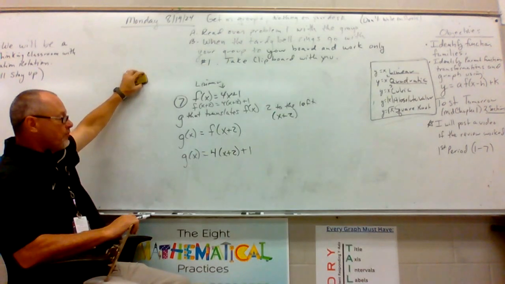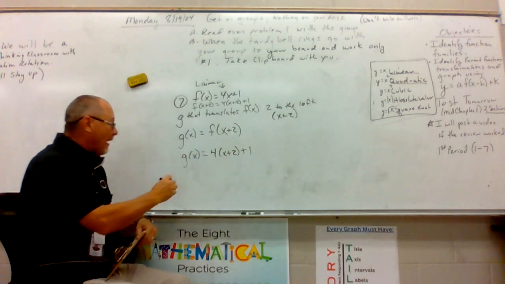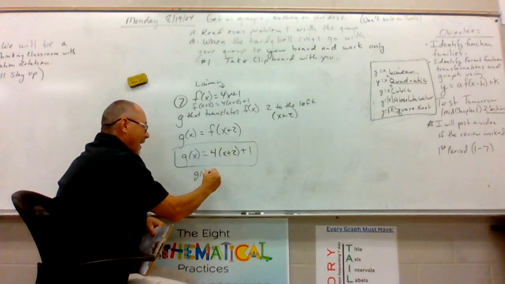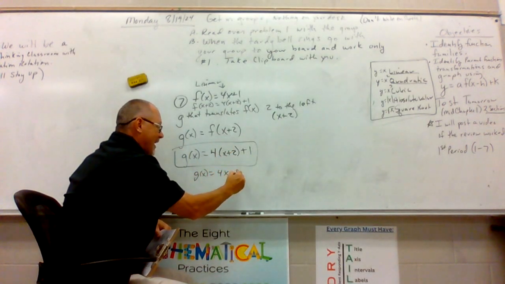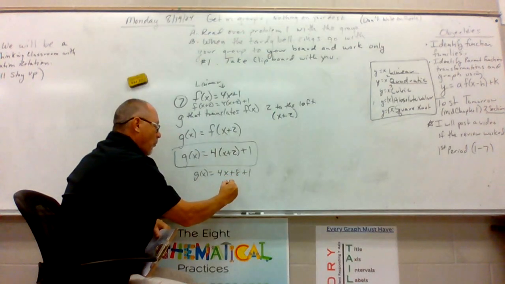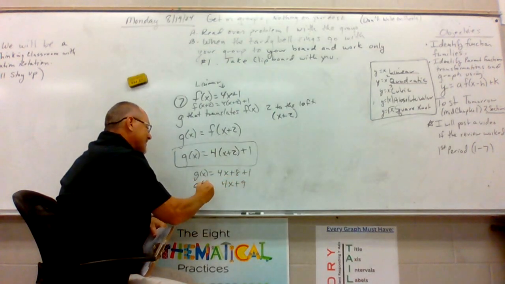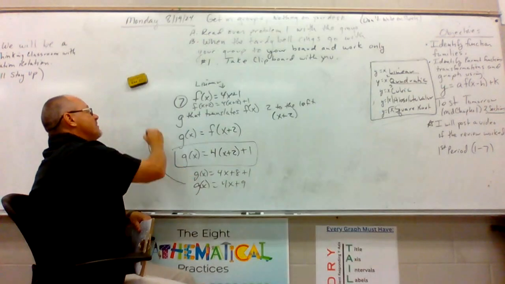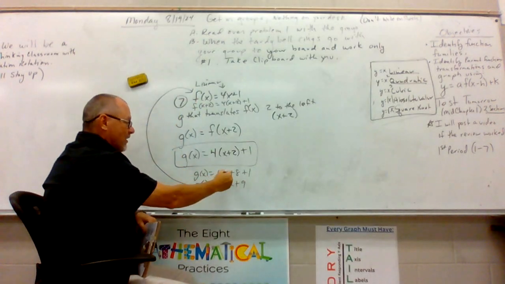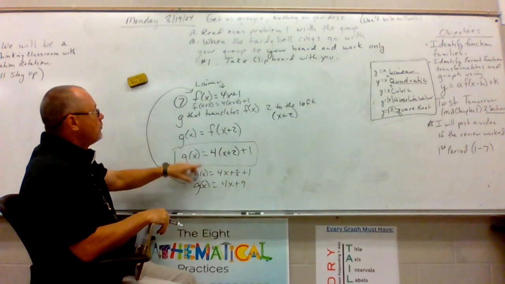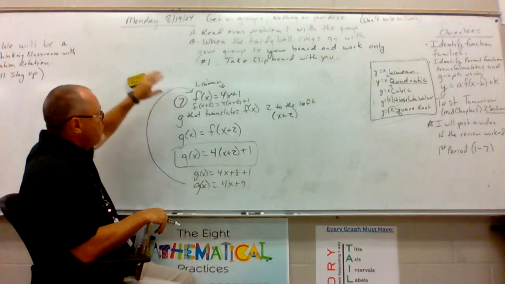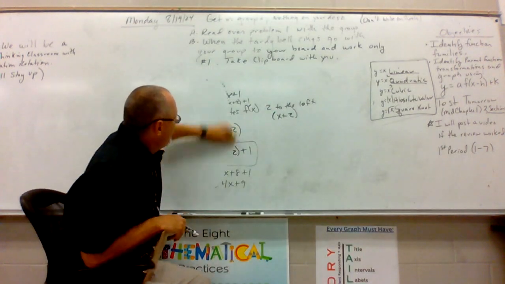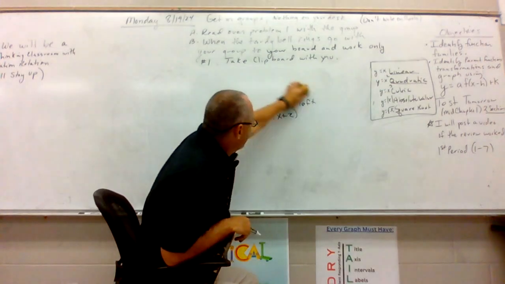Now, from Algebra 1, g of x could be 4x plus 8 plus 1, which is 4x plus 9. That is the function that transformed that function to the left. And I promise you, if I graphed it, it would do that.